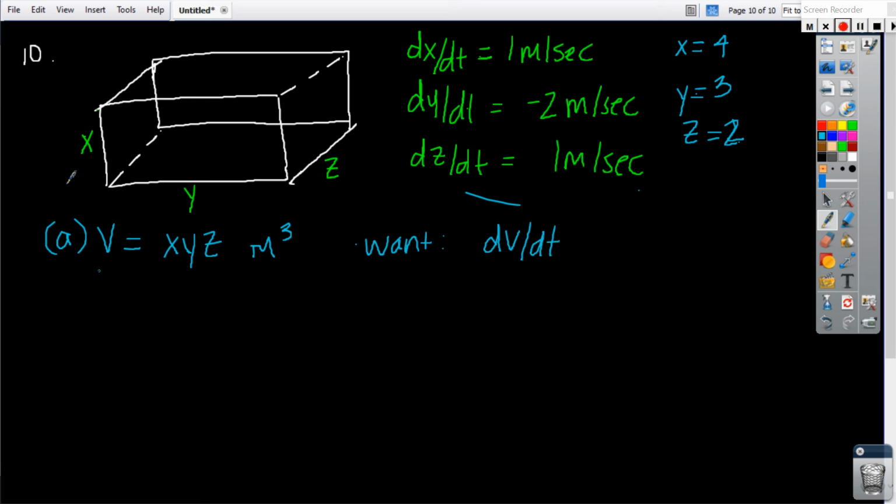So if what I want to do is go ahead and do some differentiation here, dV/dt equals, okay? So I have some product rule going on here. I'm going to do the derivative of the first, which is dx/dt times the second.